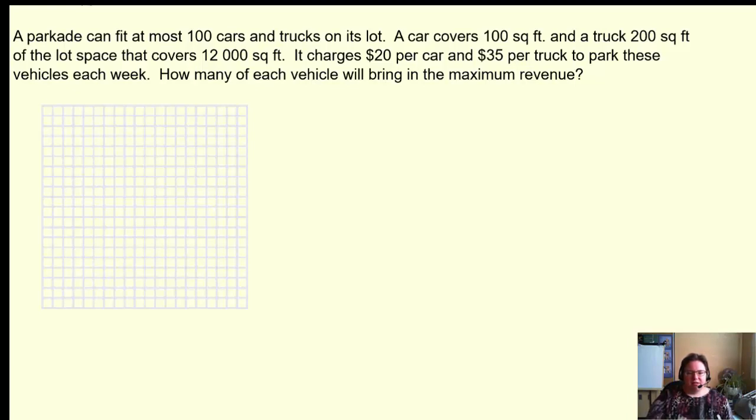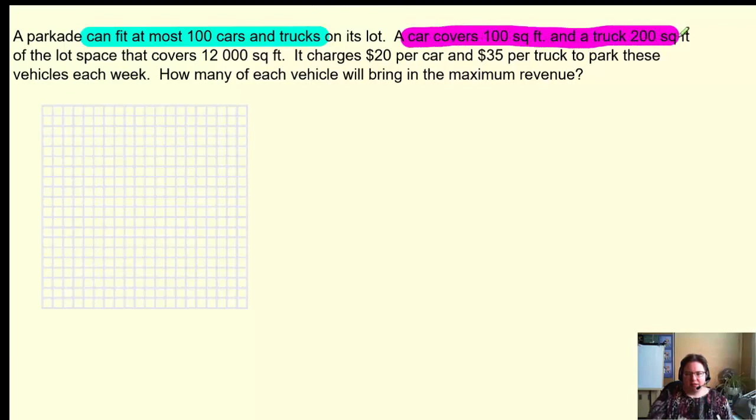So the first thing I like to do is take a pen or a highlighter or something and go through and highlight groups of information. So at most 100 cars and trucks, that's an important piece of information. The square footage for each thing, that's important, and it's all kind of grouped together.